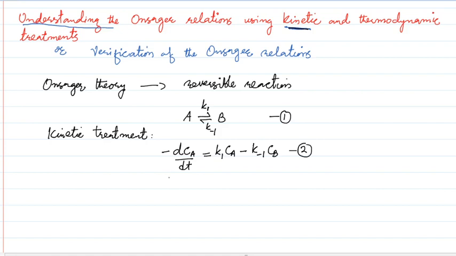Similarly for B, the rate will be K1 Ca minus K minus 1 Cb. This is equation 3.